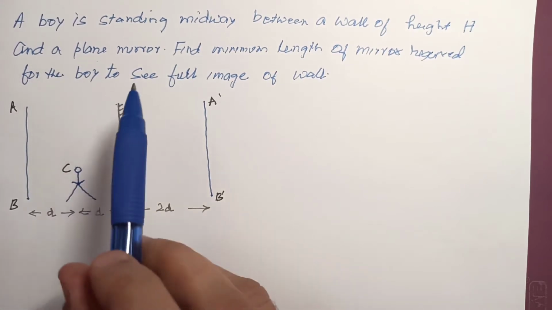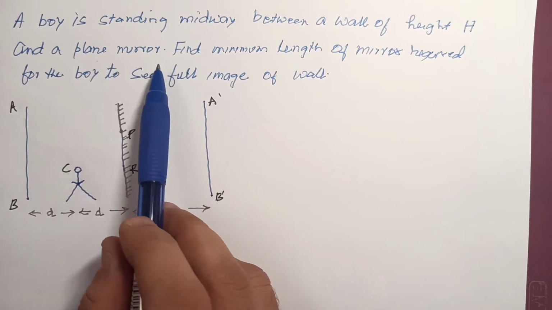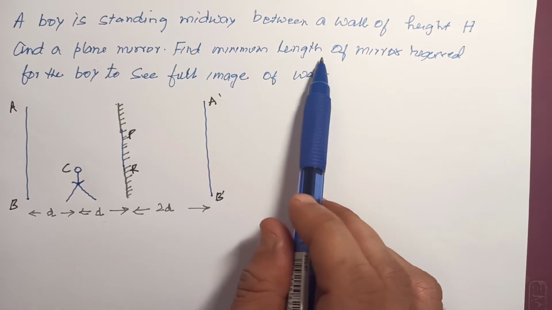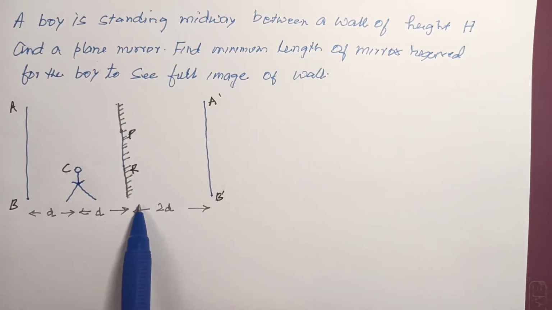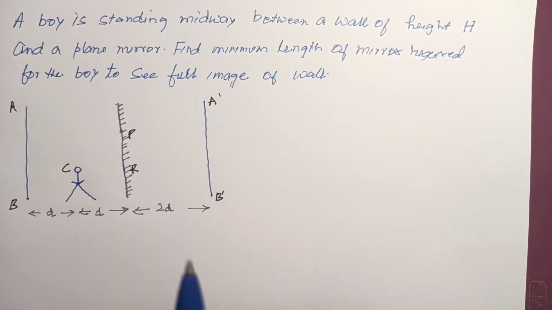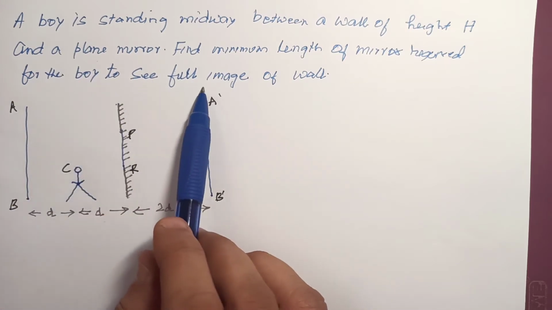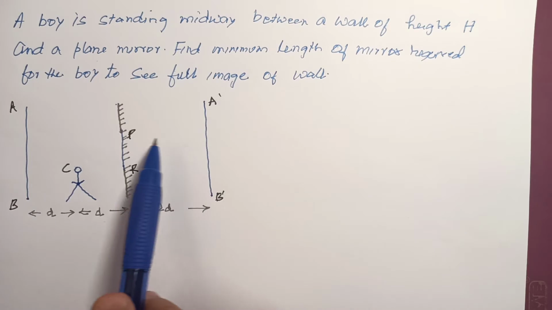Now, find the minimum length of the mirror which is required for the boy to see the full image of the wall.